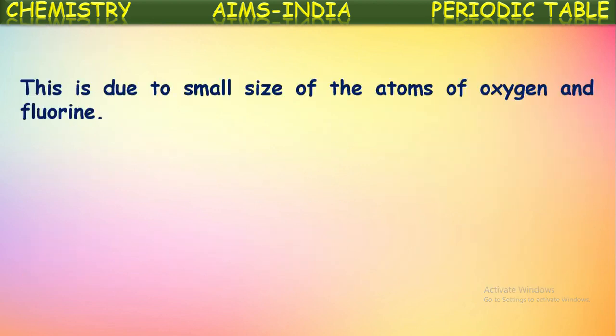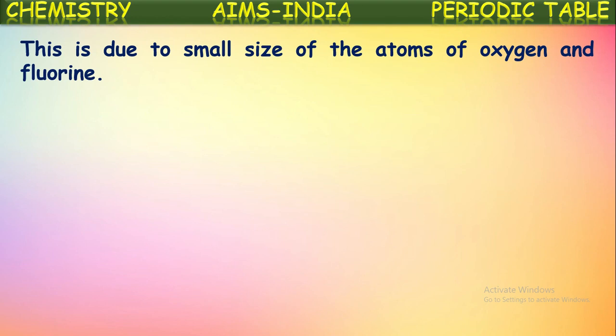This is due to the small size of atoms of the second period. Out of fluorine, chlorine, bromine and iodine, fluorine has a very small size. So while taking an electron inside, a certain amount of energy is consumed by the fluorine atom to overcome the repulsions between the electrons, as it has a very small size.